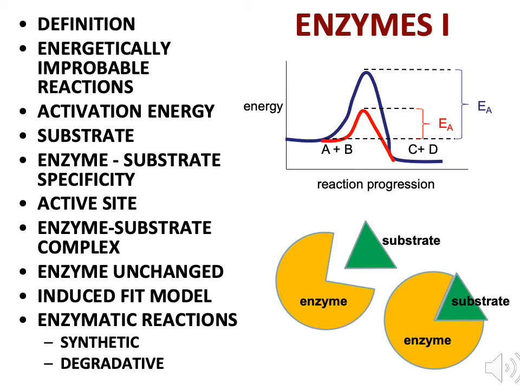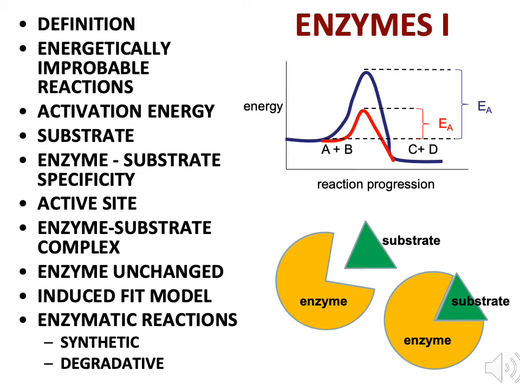Finally, going to wrap up this particular slide by saying that, as far as enzymatic reactions go, we got two general types. There are synthetic enzymatic reactions where things are made, and there are degradative enzymatic reactions where things are broken down. So, for example, in the case of my graph up there, A plus B yields C plus D, that technically is a synthetic enzymatic reaction.